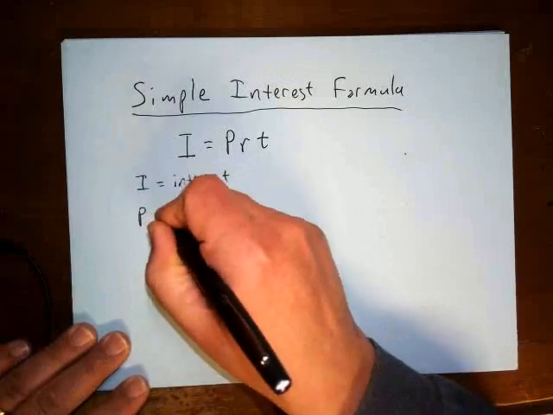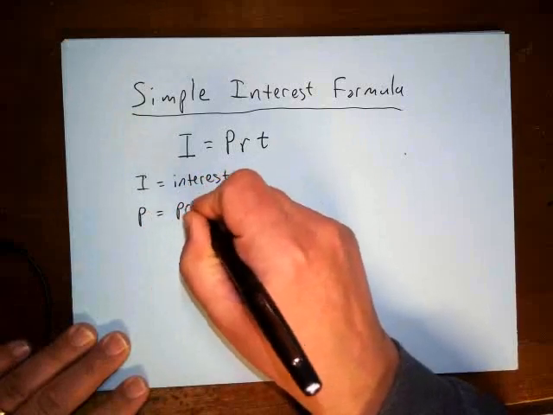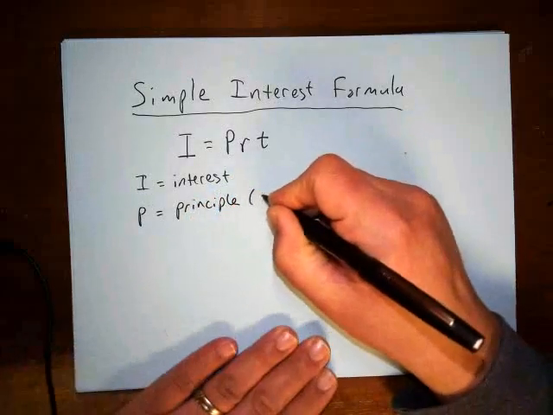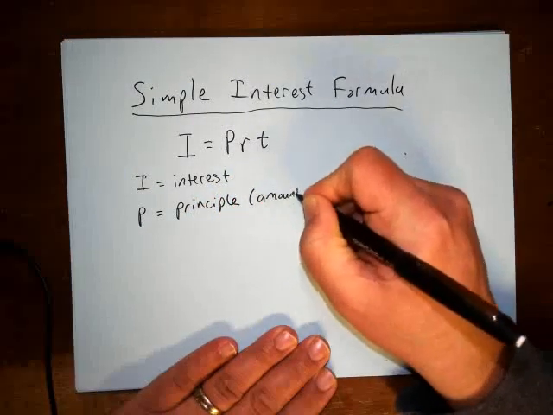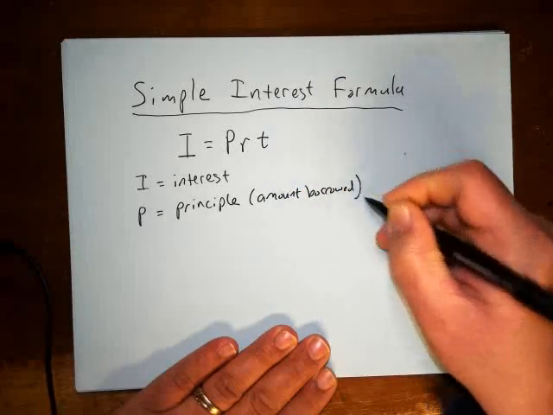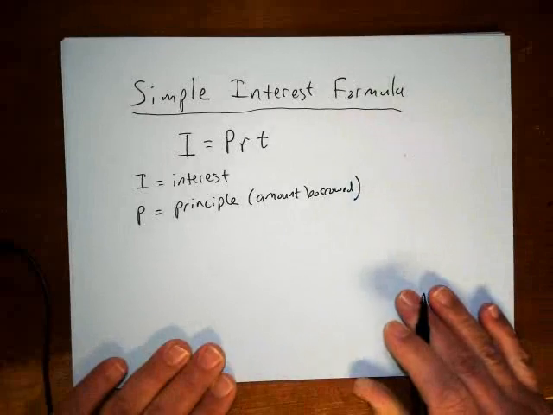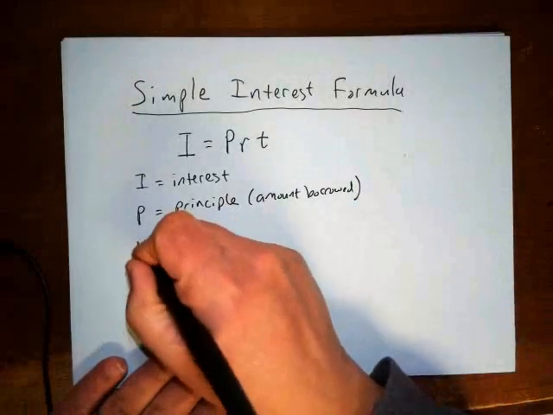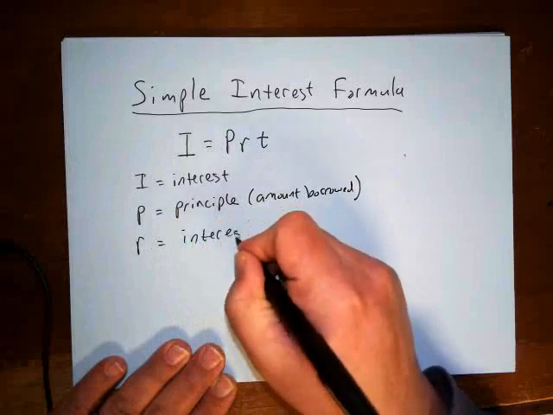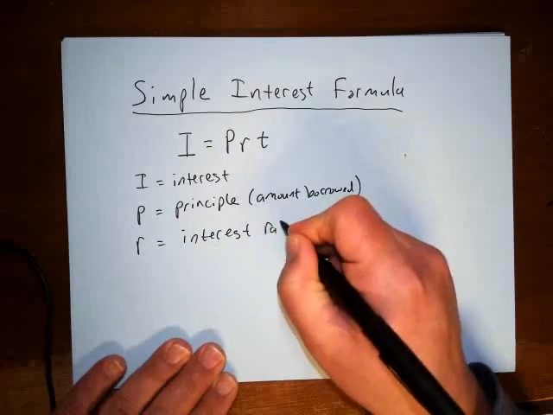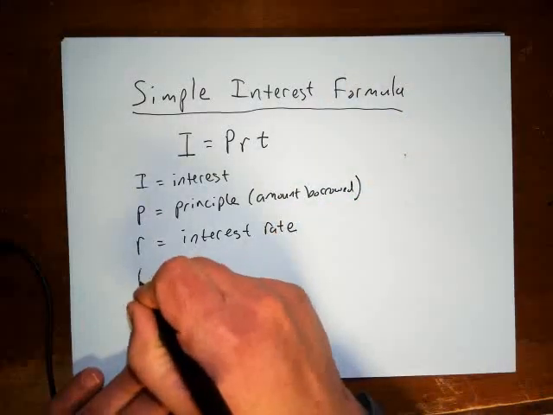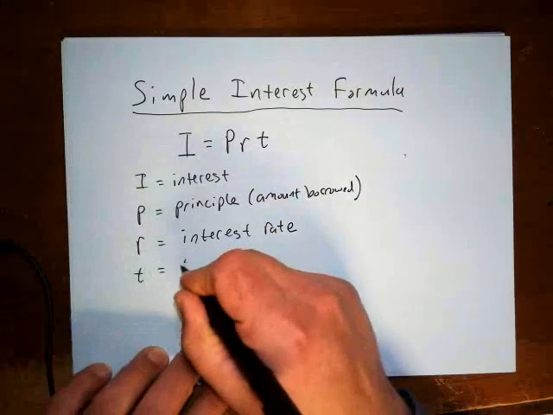Okay, the P is the principal, and the principal is the amount borrowed. Okay, the amount of the loan. The R is the interest rate. And the T here is the time of the loan.